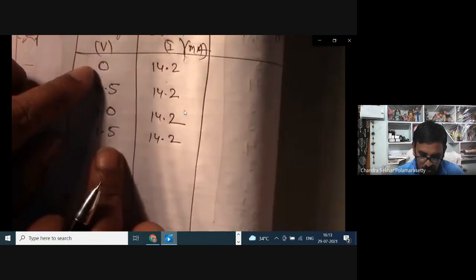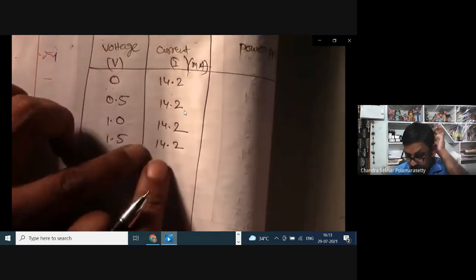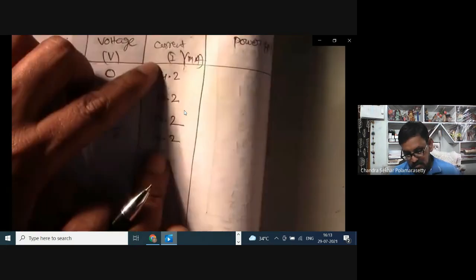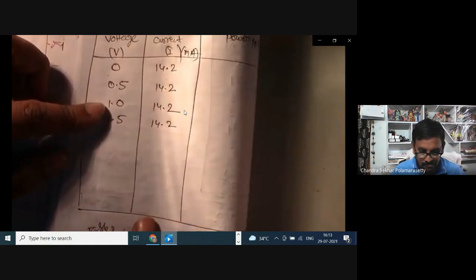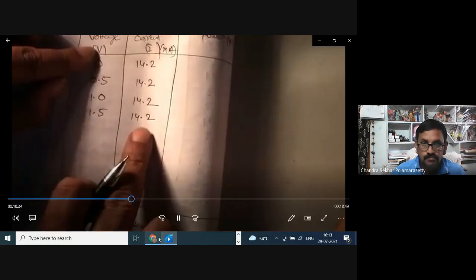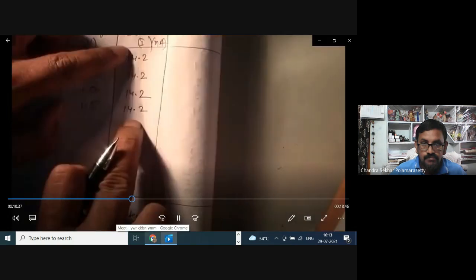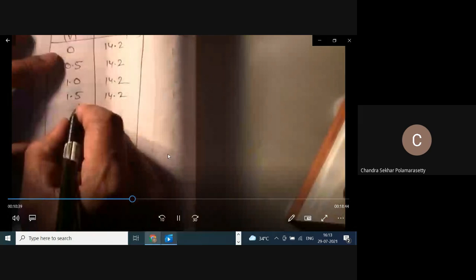Yes, the first reading you have to take like this. When the voltage is zero, the current in the circuit is maximum. This current is called the short circuit current. 14.2 milliamperes of current we are getting in the circuit when the resistance is minimum.